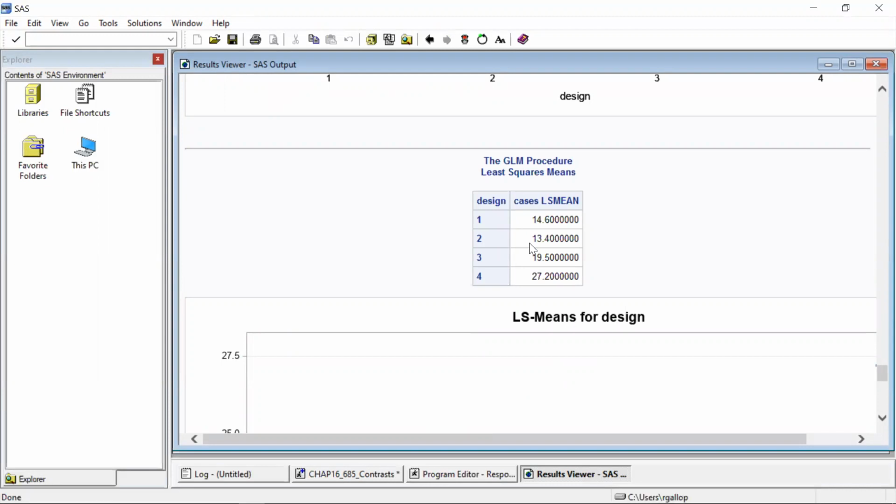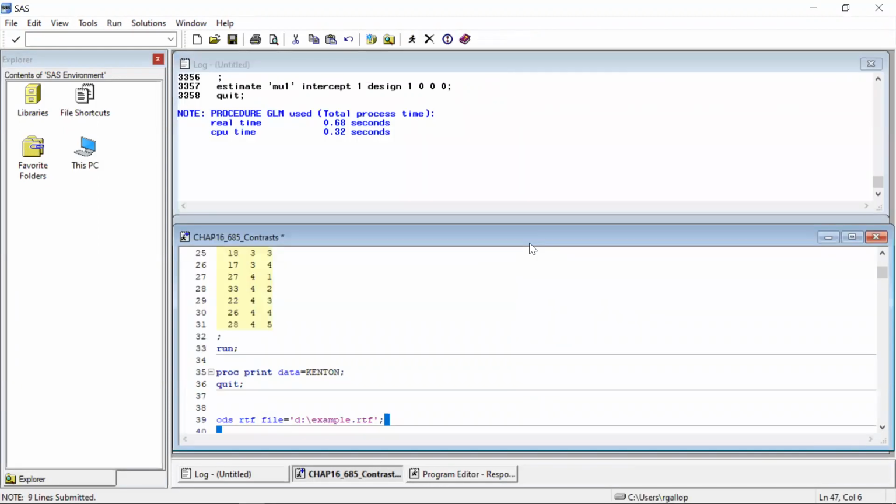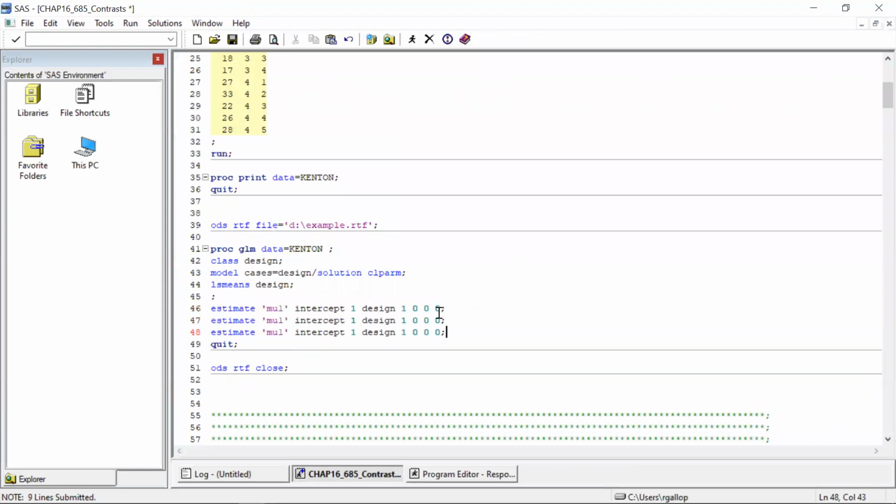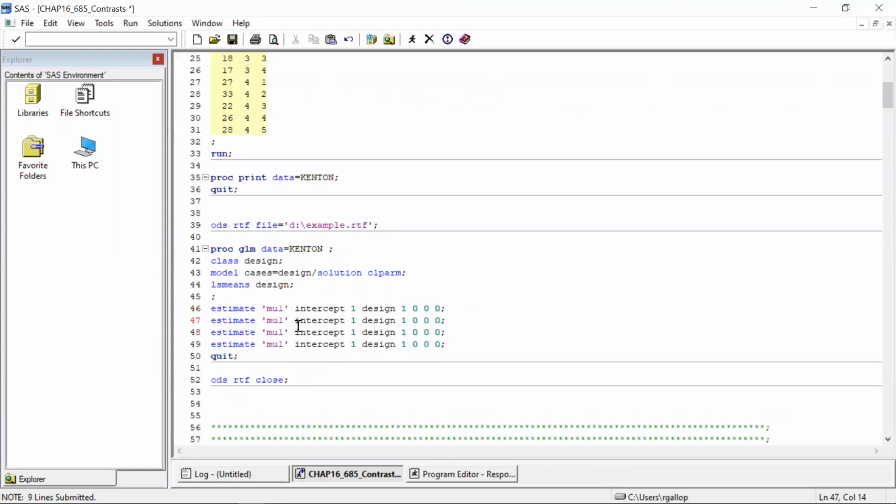Like I said, the estimate statement isn't giving us anything yet, but it's going to be a great tool when we want to start forming contrasts, especially the very complicated contrasts. So I go here, okay, cool. I'm going to do the same thing for design 2, 3, and 4.